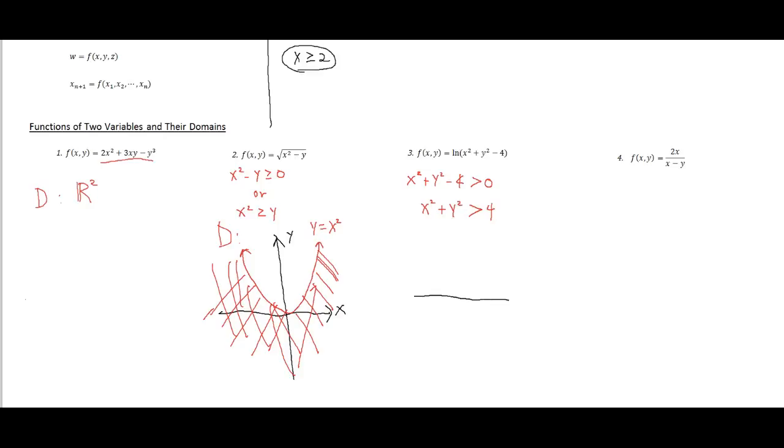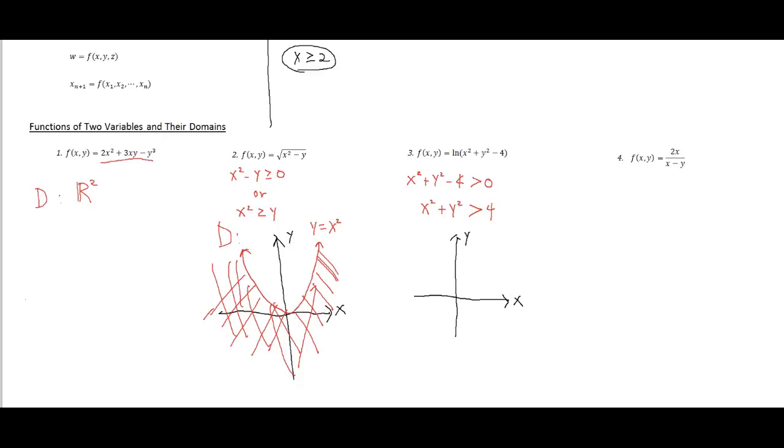Now again, in this case, we can definitely sketch the region that's given by this inequality. So again, here is the x-axis, here is the y-axis. So I'm looking at this inequality, and if I were to replace it by the equality, x squared plus y squared equals 4, that is going to be a circle centered at the origin of radius 2.